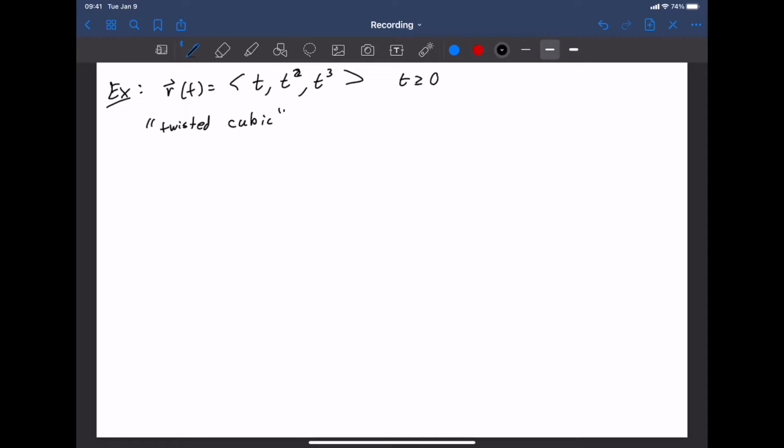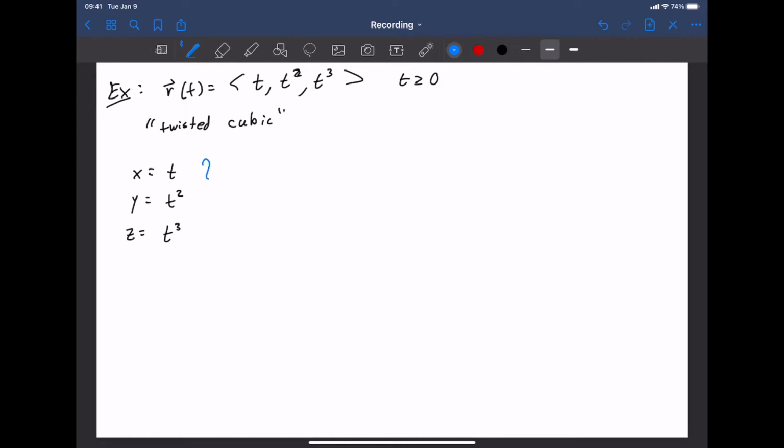Why is this the twisted cubic? So we're going to start by labeling our x, our y, our z. This should be really easy for you right now. t, t squared, t cubed. We're going to look for a place to eliminate variables. Since we already have x equal to t, anywhere I see t, I could replace it with x.